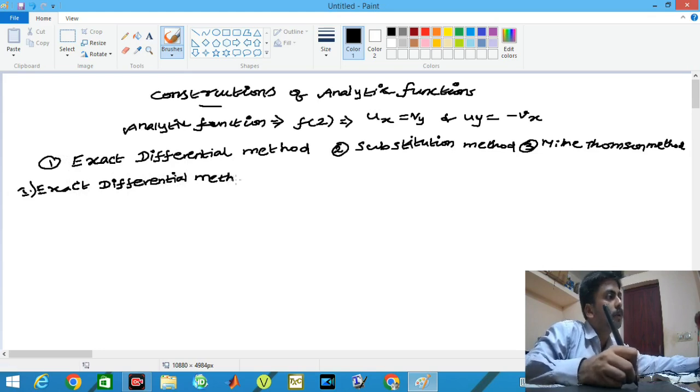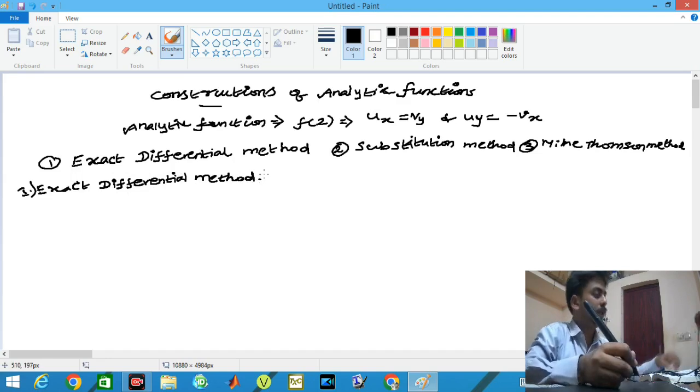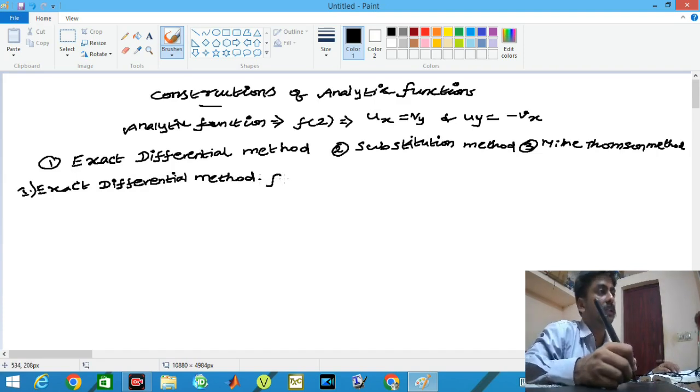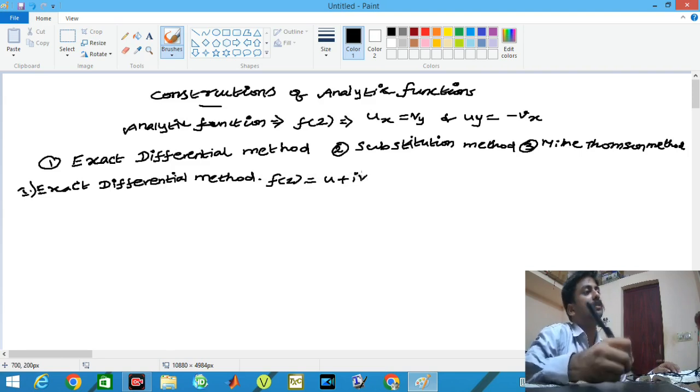Under this method we are going to construct f of z, that is the analytic function. Actually, what is f of z? f of z is u plus iv.